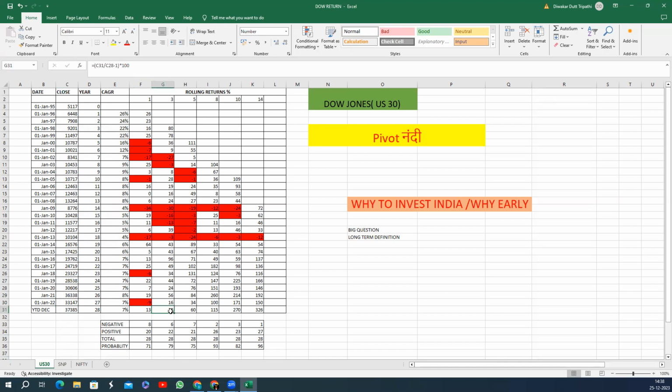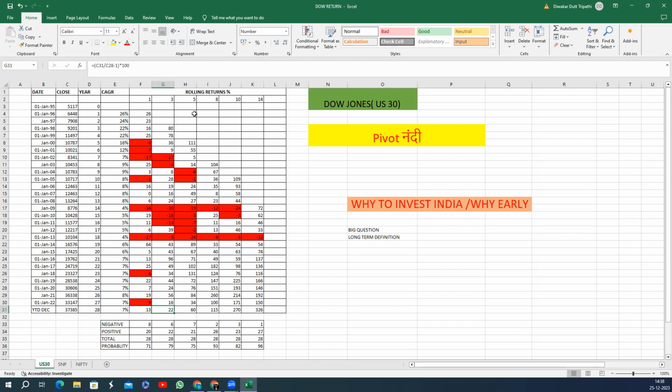Because he invested in year 2020 when the index was 30,600, and today at the end of December this value is around 37,385, the person is getting only a 22% return. So on and so forth.